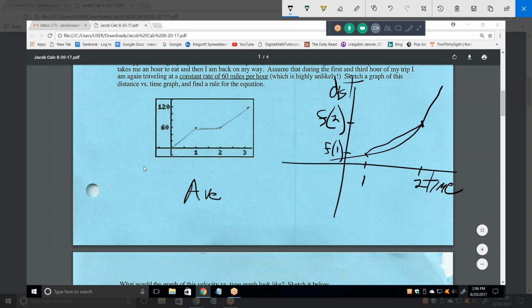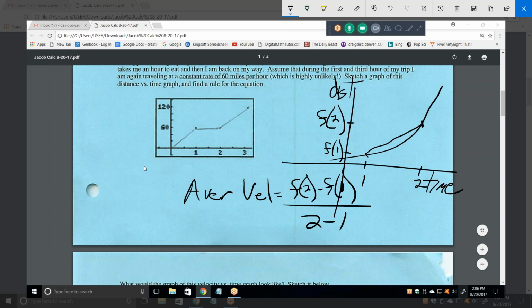I don't know. Well, it'd be the slope of that line. And the slope of that line is f of 2 minus f of 1, that's the rise, over the run, 2 minus 1. So your average velocity is always pretty easy. In other words, there's no calculus involved.